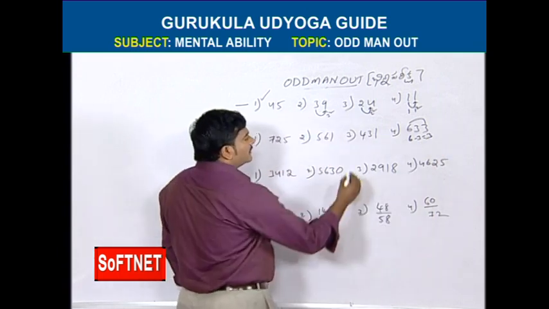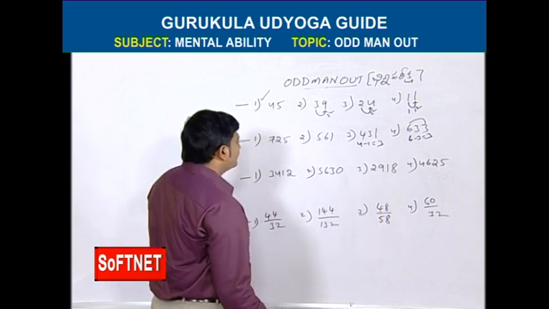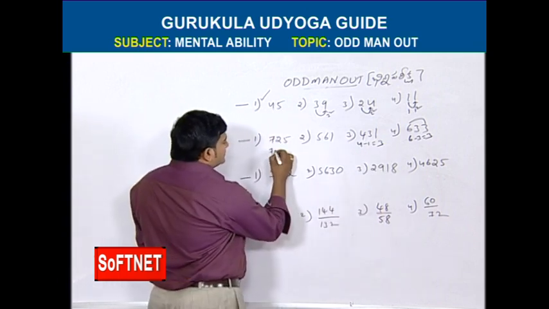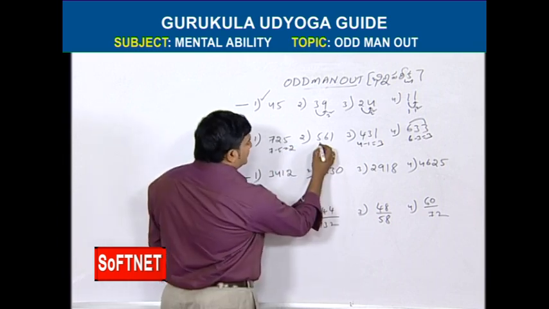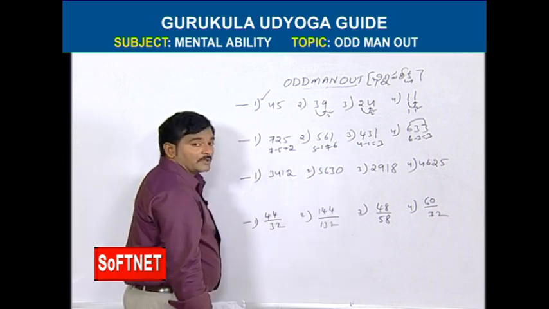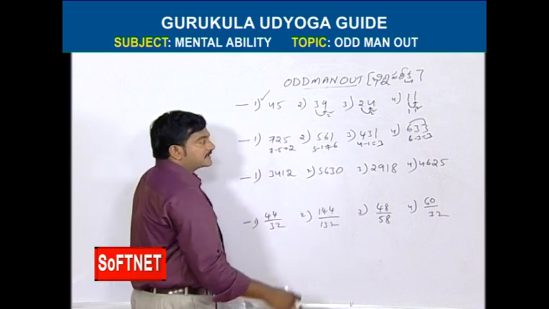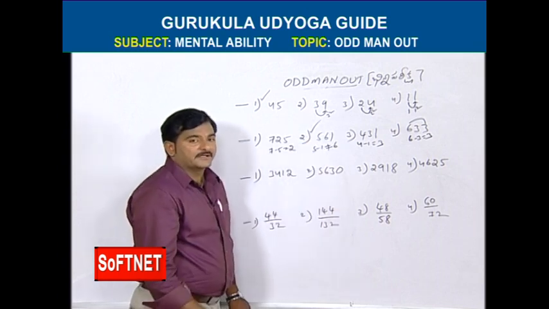In the first option, 7 minus 5, I am getting 2. But in the next, 5 minus 1 you have to get 4, but how much is given? 6 is given. Hence the answer for this question is 561.